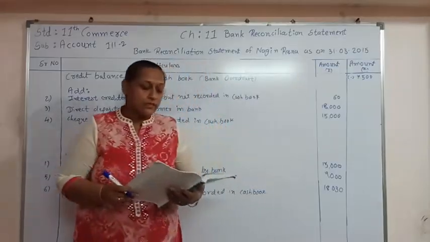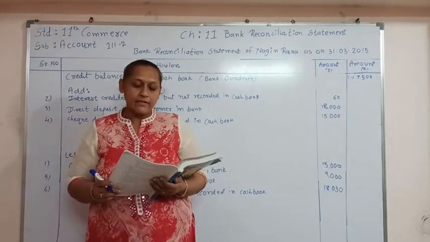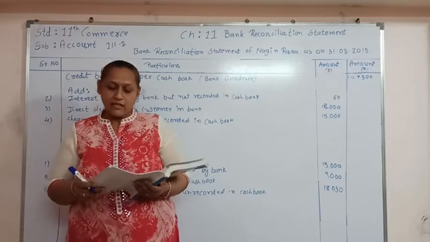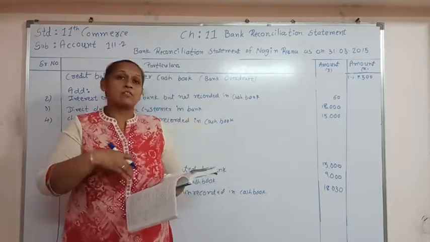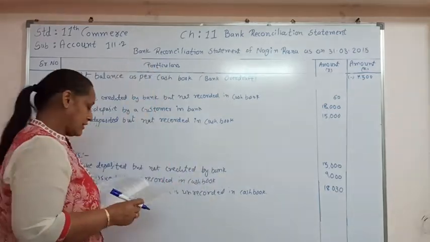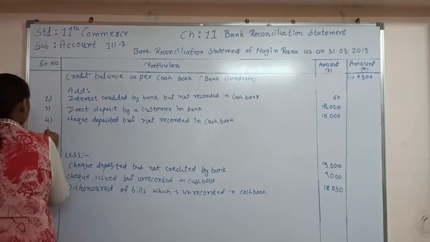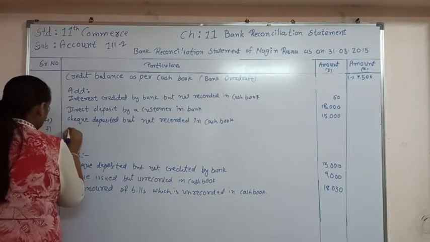Now the seventh number, by mistake the total of the receipt side of the cash book is less by 3,000. So the total of the cash book was less. So here we have to add so that the totals will be identical. So for that we are going to add. Total of receipt side is undercast.